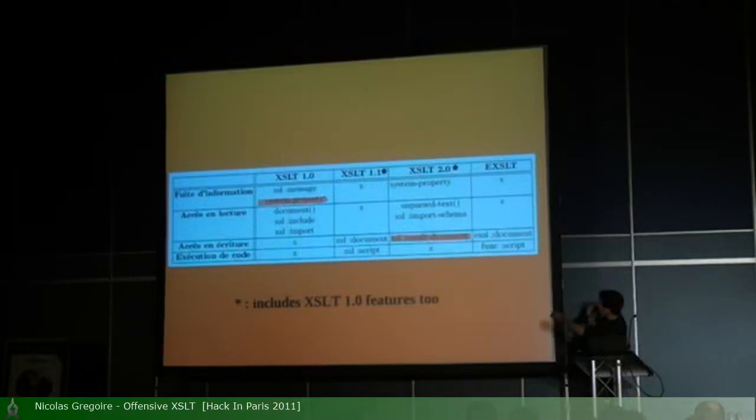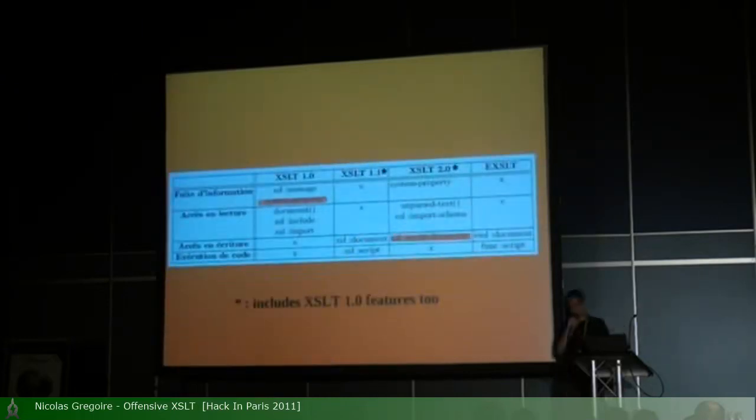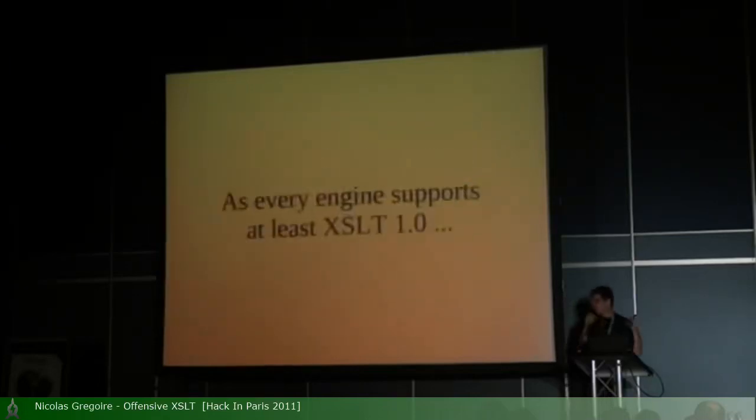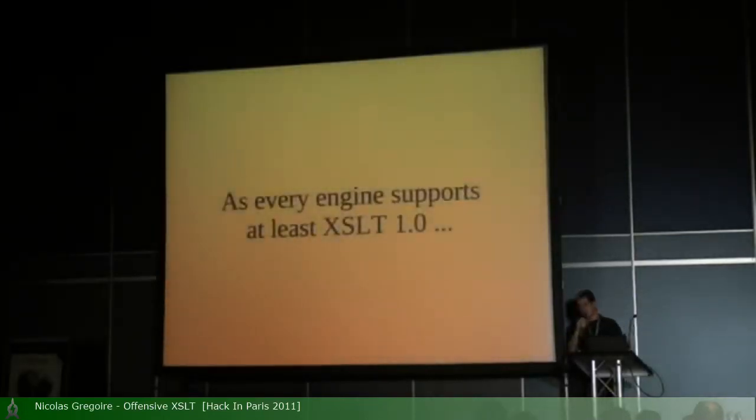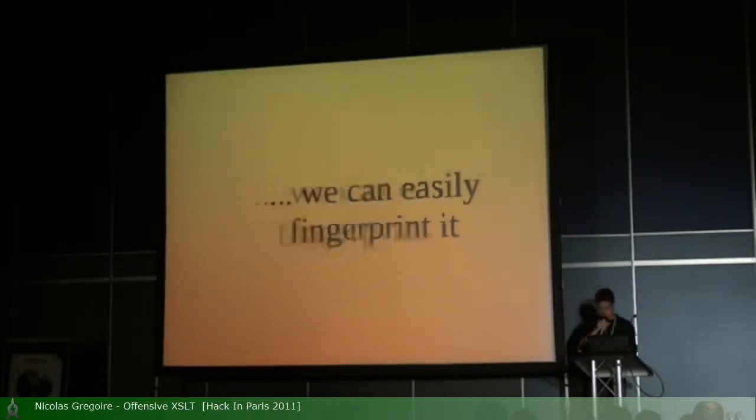For XSLT 1.0, we have a system property which allows to fingerprint the engine, and in XSLT 2.0, we have result-document which allows file creation. So it's interesting, but XSLT 2.0 is not very common. So as everybody supports XSLT 1.0, we know that we can fingerprint the engine.